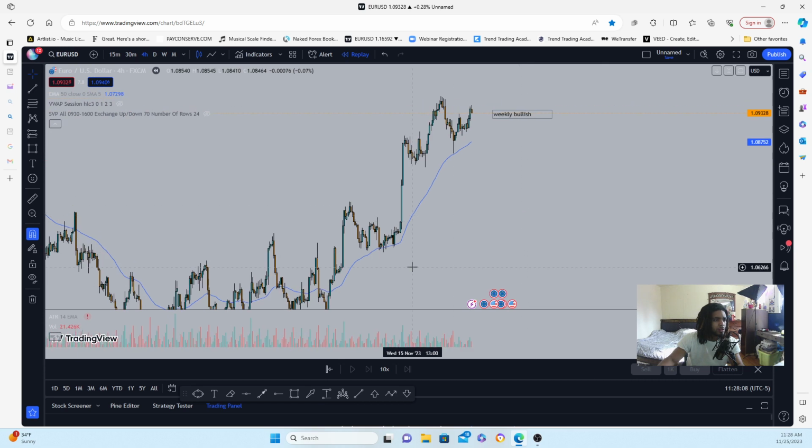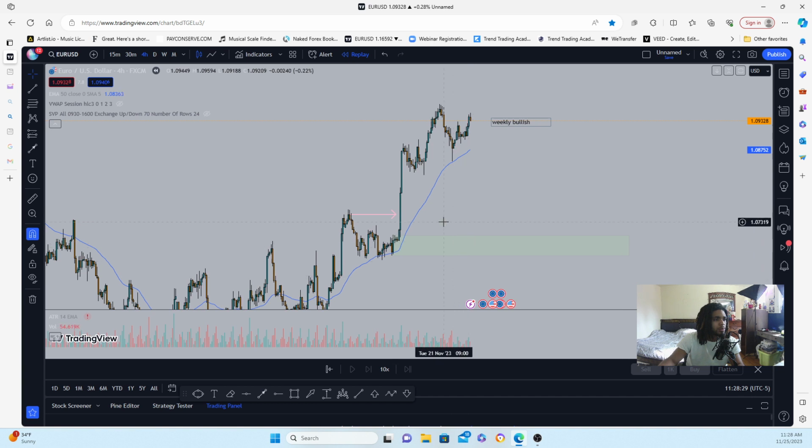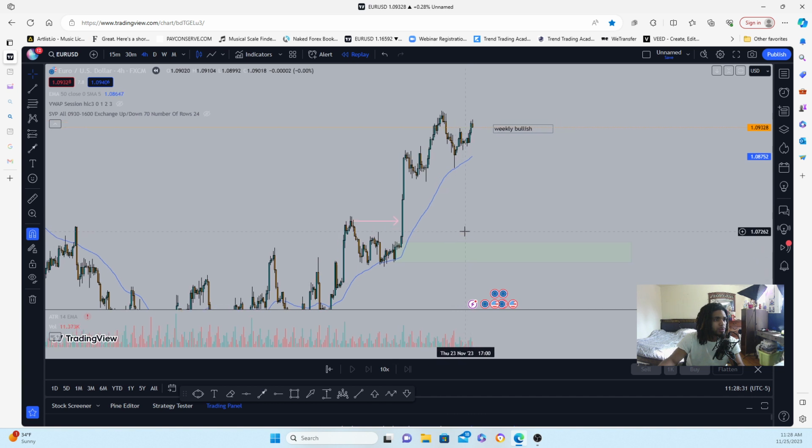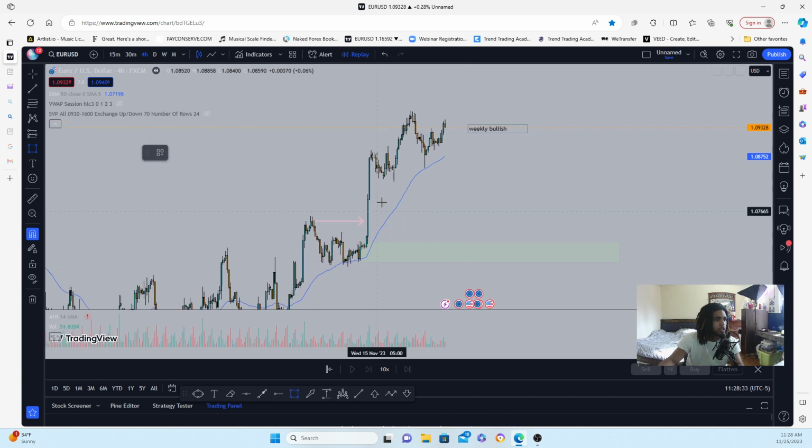Okay. Break of structure right underneath an order block. You could even say that this is one as well.